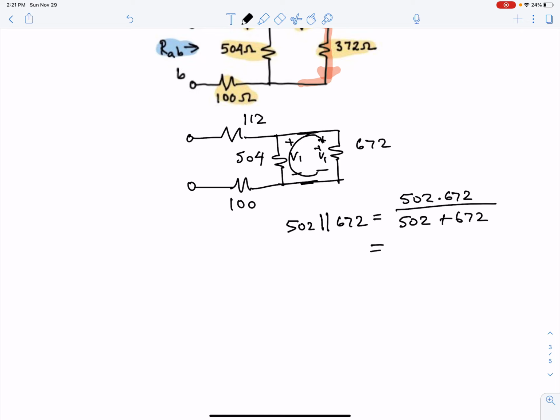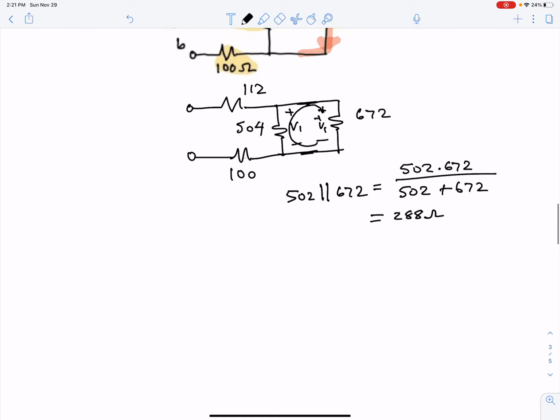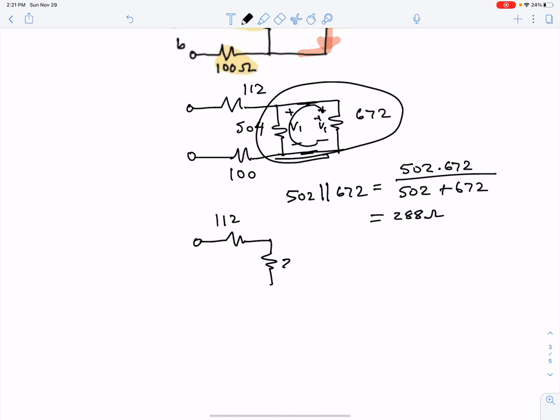That turns out to be 288 ohms. The next thing we do is write down the equivalent circuit that we have. I've only looked at the parallel combination here, so I replace that with 288, and I have these resistances left.